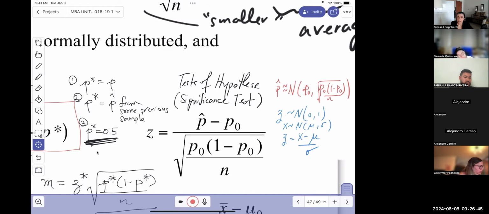So what you're doing is educated guessing what p could be and calling it p0. When you do that, you can activate formula number 2. So I put p0 in here, I standardize, and then I verify if it makes sense. That's what I'm going to do. All right, so I'm going to look at a problem now so we can do this together. But that's what this comes from. This is just a standardized score like we did before.